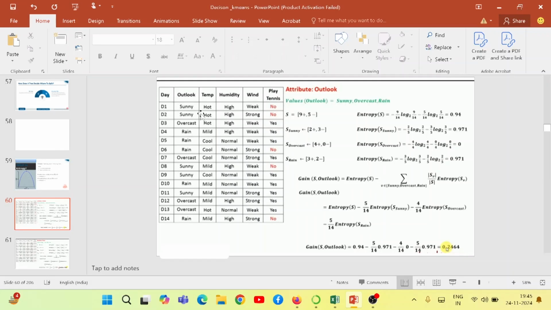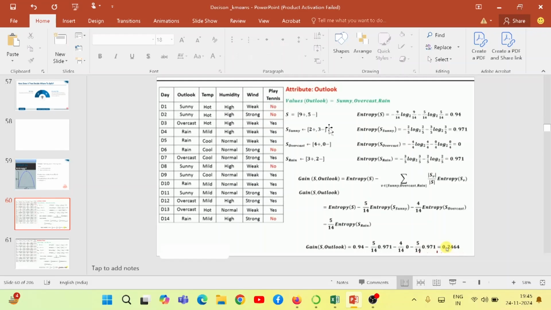If it is sunny, see here we have a total of 5 sunny: 1, 2, 3, 4 and 5. Out of these 5 sunny, 2 times we are able to play the match, and 3 times we are unable to play the match. If you see this, 2 times no we have, and here again there is a no, so 3 times no we are getting, and the remaining 2 sunny we are able to play the match.